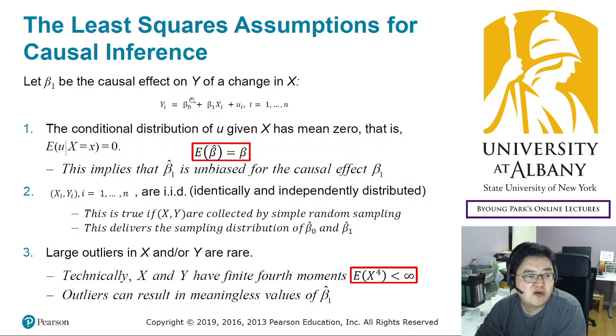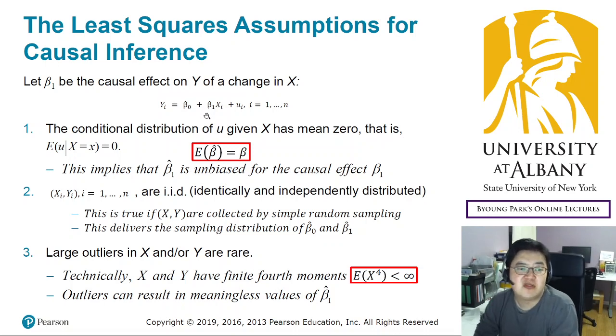Think about this regression equation. From this regression equation, I want to say x causes y. So I want to say that when x increases by 1 unit, y increases by beta 1. That is what you want from this regression model.